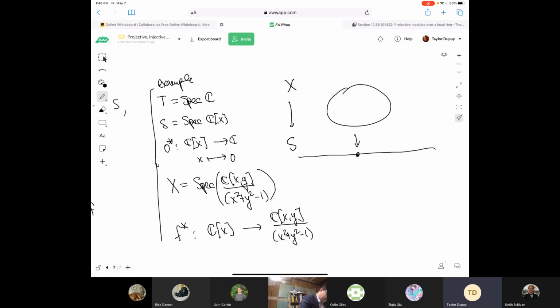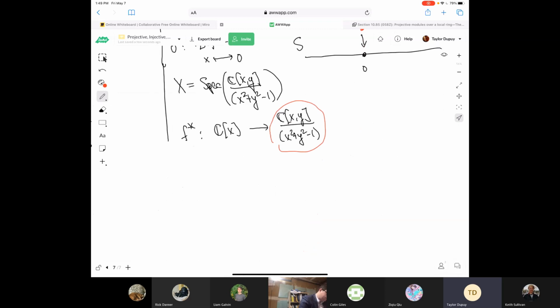And then we had a point 0 here, and I wanted to look at the fiber above this point. What I said was that this fiber should be the tensor product of this with this map, over this map. Let me write out what that is.